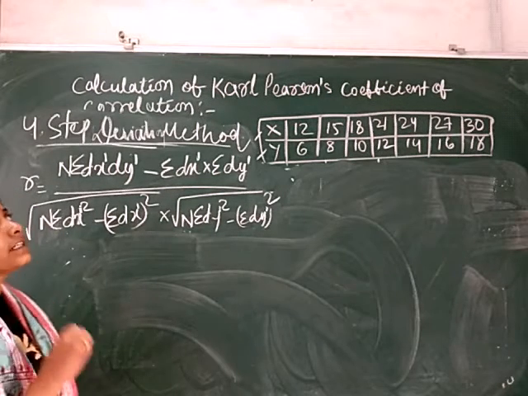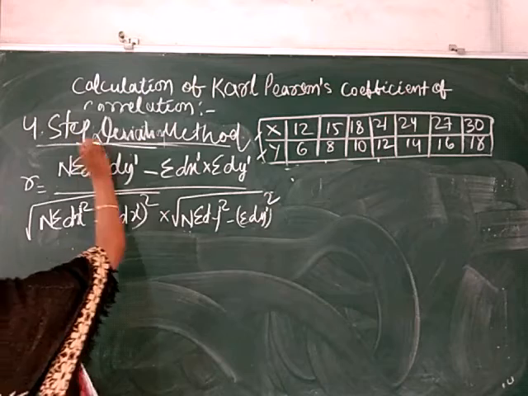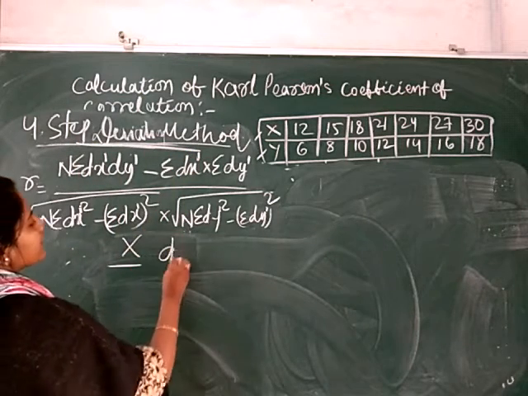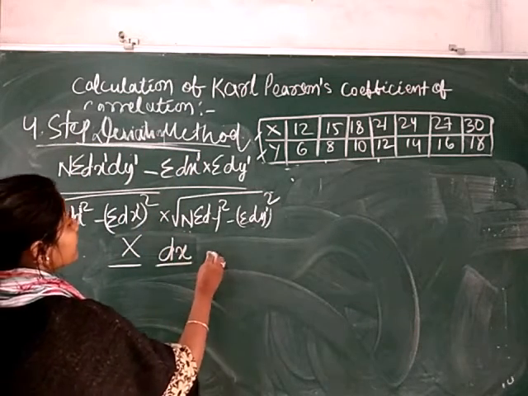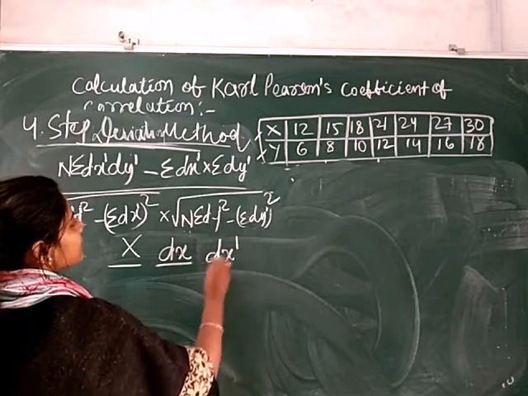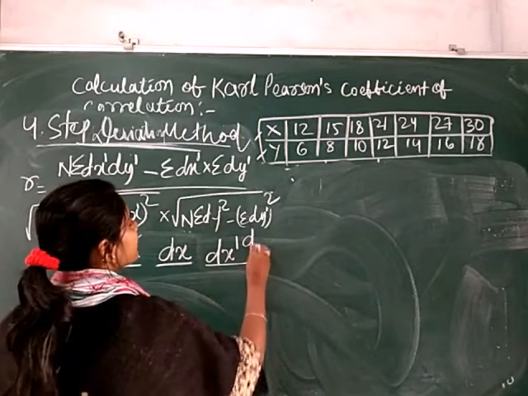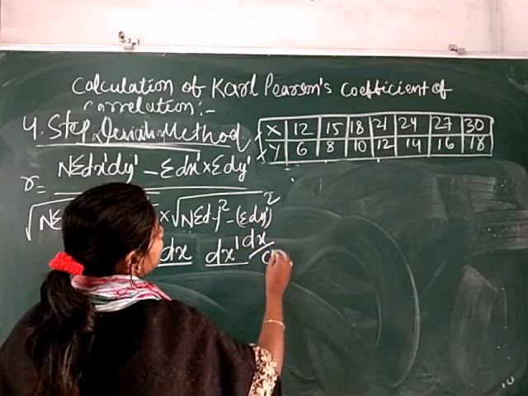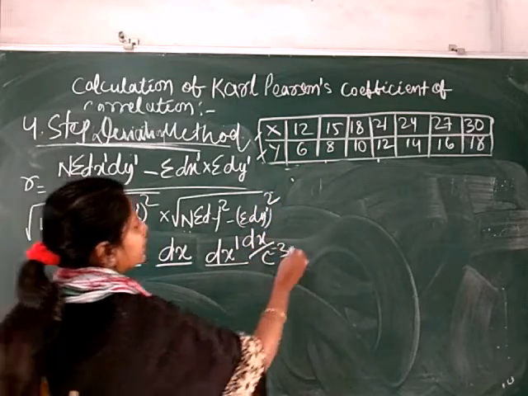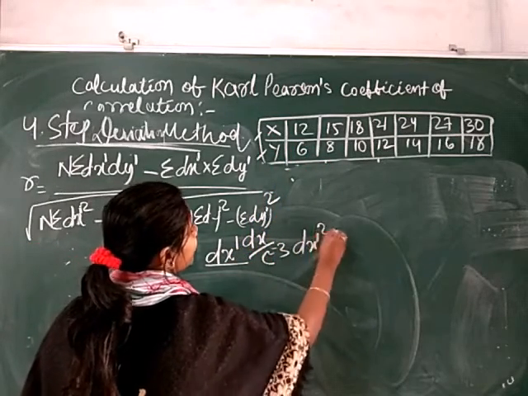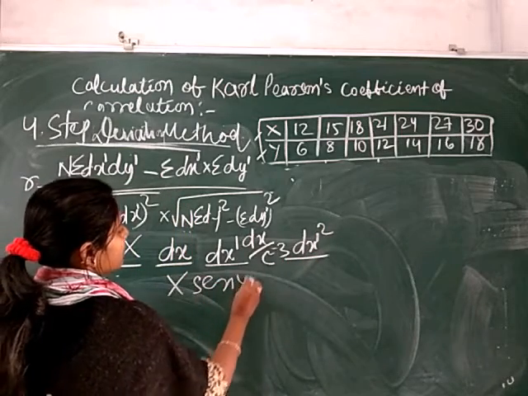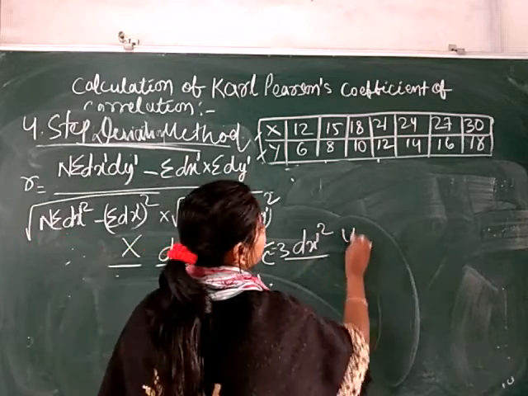Now we will calculate the coefficient of correlation under the step deviation method. First we write X, then we calculate dx, then dx dash, that is dx by c, as here the gap is 3. So here c is 3. Then we calculate dx dash square. This is the X series. Now we focus on the Y series.